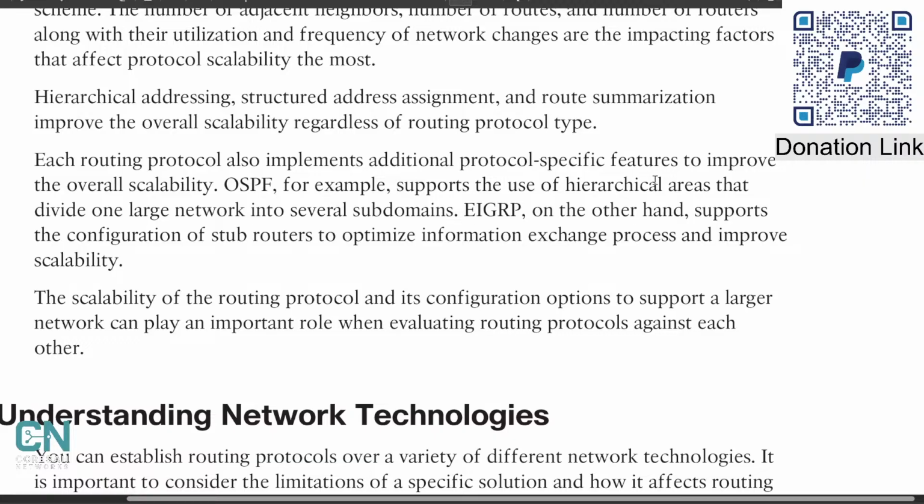So I should highlight this. OSPF supports the use of hierarchical areas, dividing one large network into several subdomains. EIGRP, on the other hand, supports the configuration of stub routes to optimize the information exchange process and improve scalability.